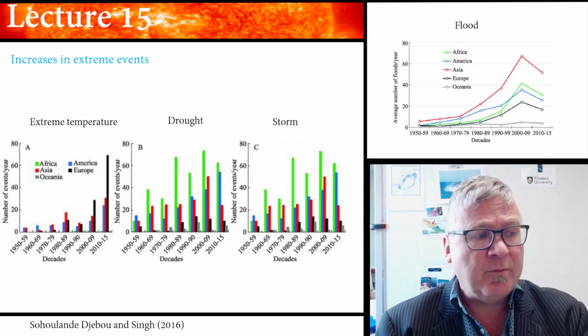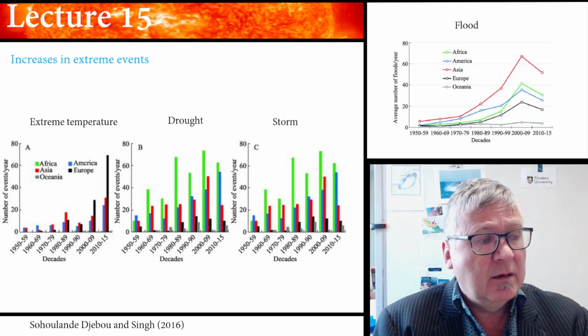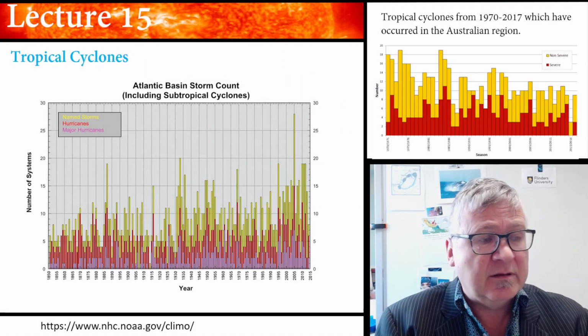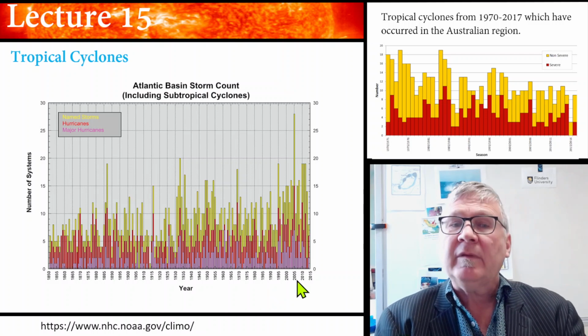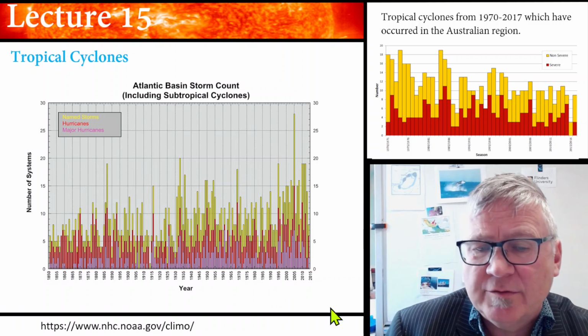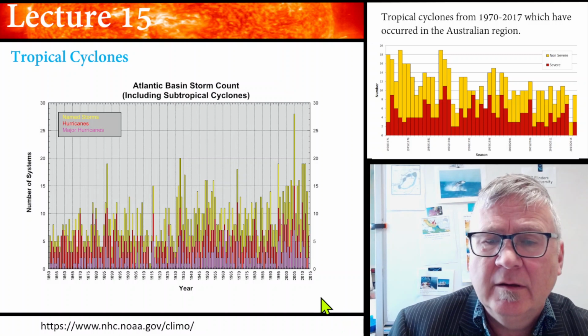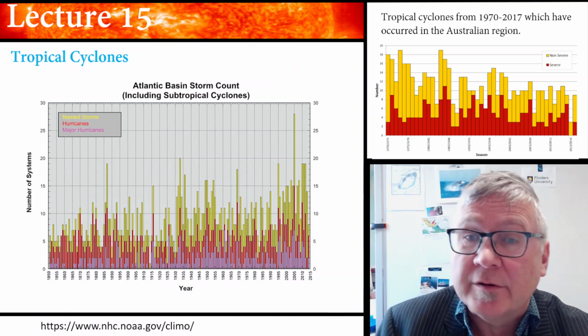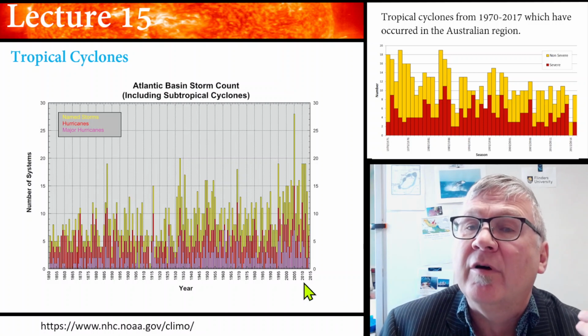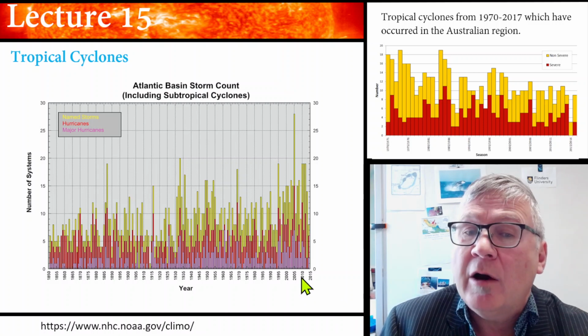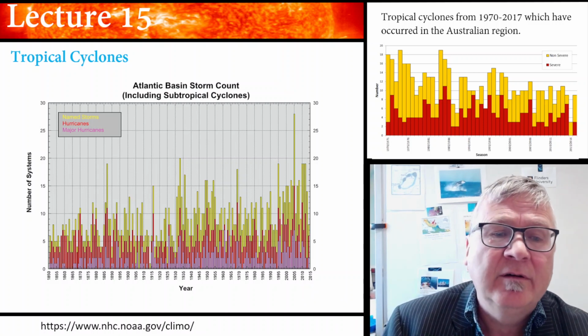All right. So I want to show you one other example, and this is the last example that I want to show you. It's about tropical cyclones. And again, it's about counting. There are examples of counts of hurricanes.